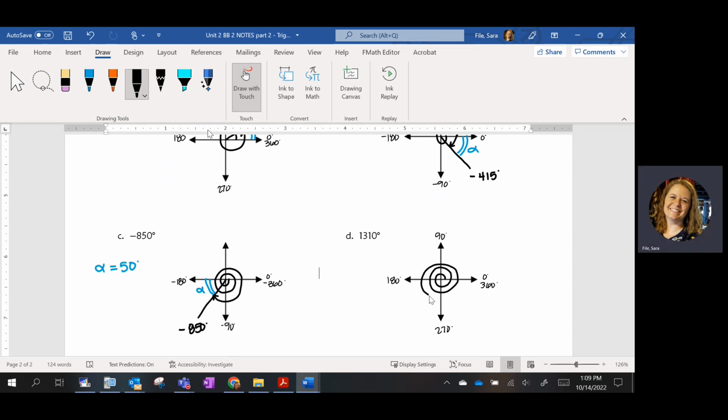What's another rotation? 1080. So 1080 is where I'm at now, and I have to get to 1310. How much further do I have to go? What's 1310 minus 1080? 230. So what quadrant is that going to put me in?